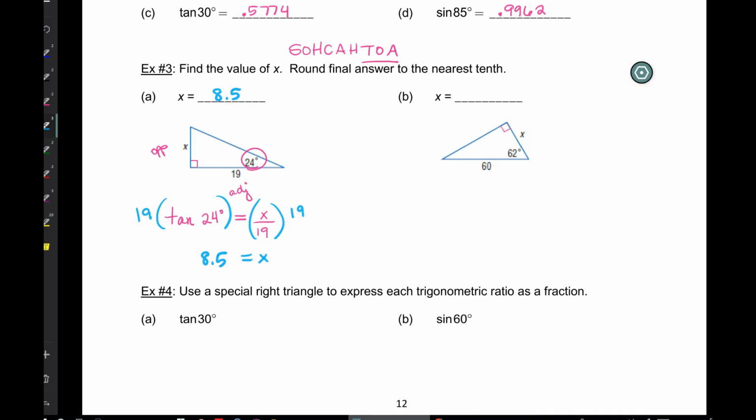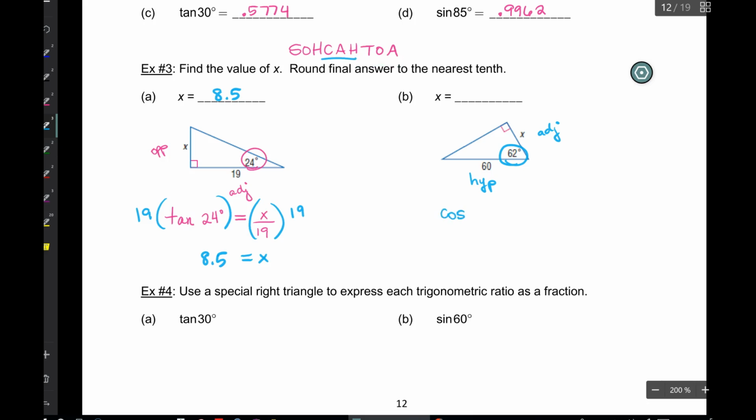Okay, let's take a look at the next example. So again, identify the angle we're working with and the two sides that we're working with. So this is the, oops, not the opposite, the hypotenuse. And x is the leg adjacent. So adjacent and hypotenuse, that's the middle one, that's cosine.